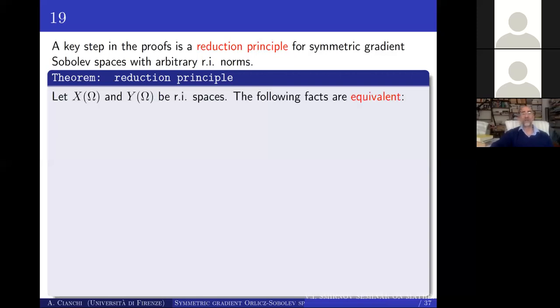Okay, so here's the statement. Given two spaces X and Y, which are rearrangement invariant, these facts are equivalent.